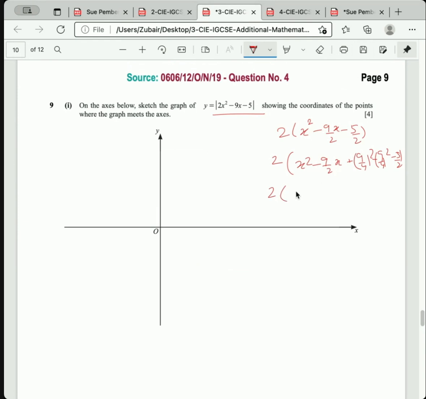So this is x minus 9 by 4 whole squared. And 9 times 9 is 81, by 4 times 4 is 16, multiply with 2 is 8, and minus 5. 81 divided by 8, and 5 is 121 by 8.